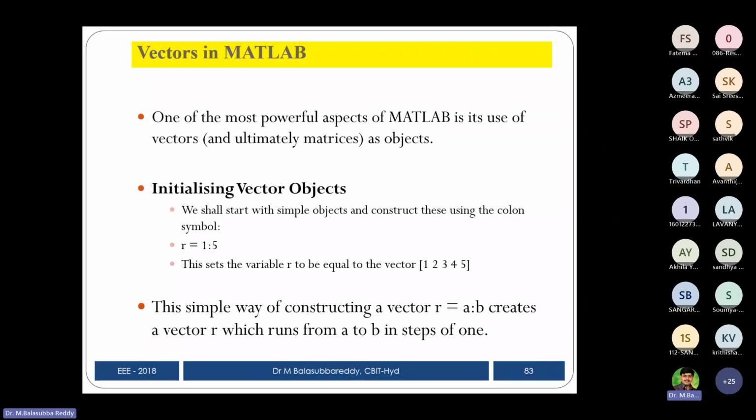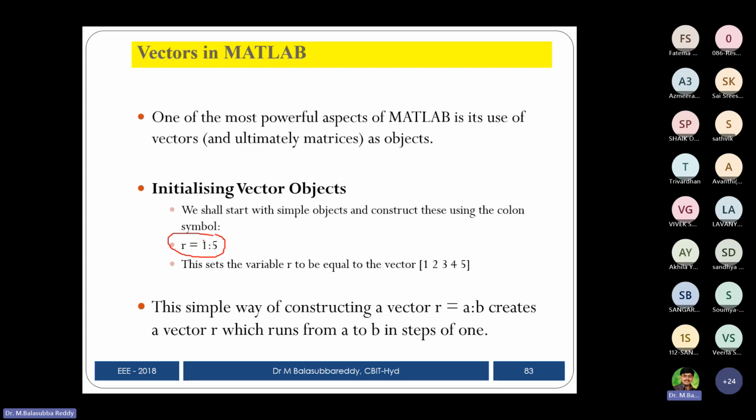Okay, now you can see the vectors. It is a most powerful aspect in MATLAB, used for vectors and ultimately for matrices in the consequent classes. To define a vector, when you want to generate values, write a vector name equal to 1 to 5.